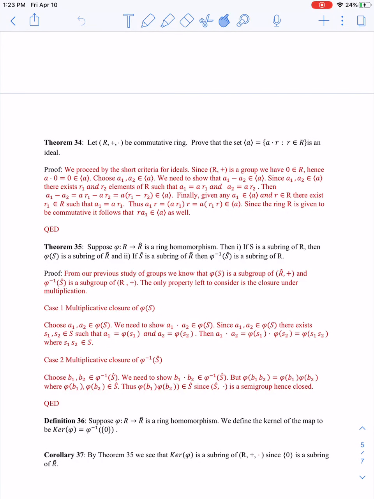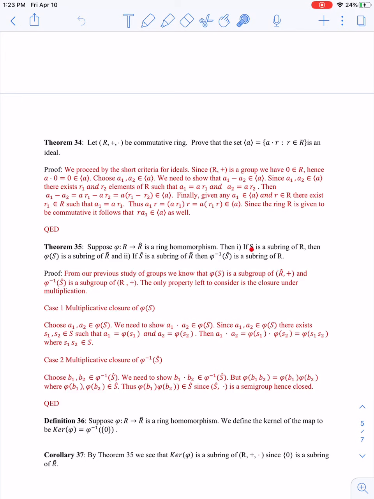Well, let's plunge on to theorem 35. And you'll notice theorem 35 is similar to a theorem that we had back in groups. Suppose phi from R to R hat is a ring homomorphism.